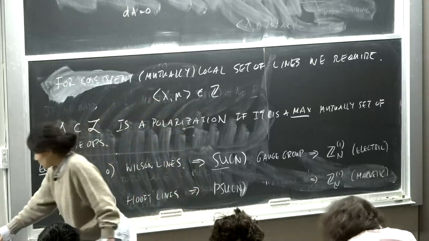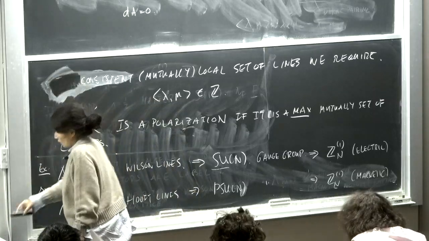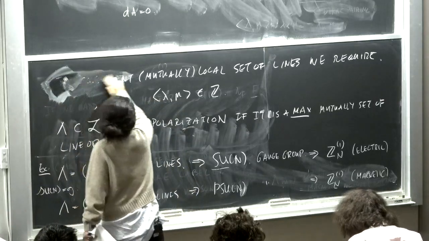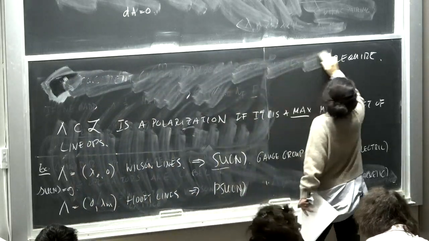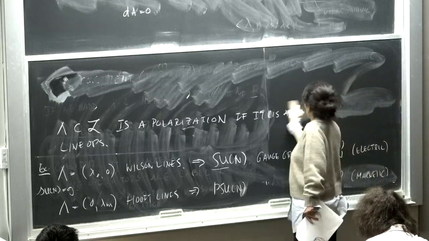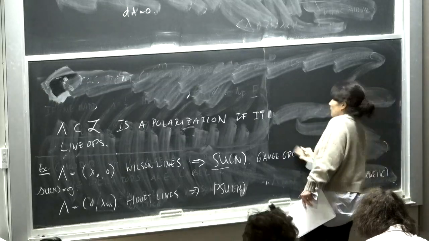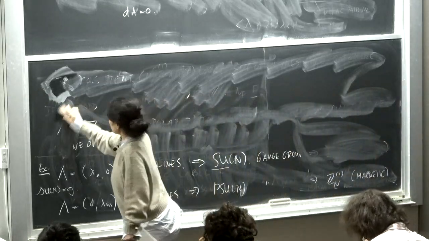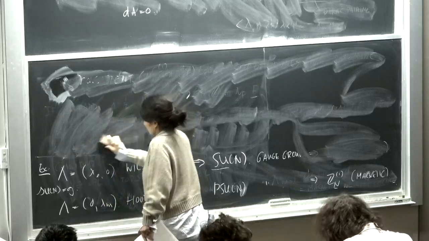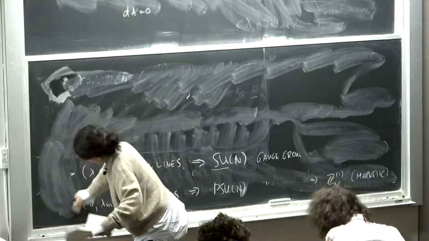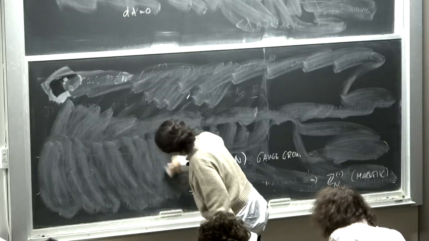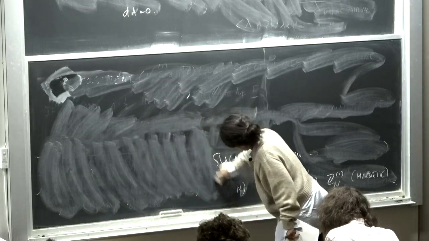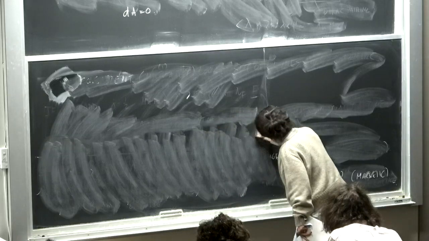In the same way, higher form symmetries we can couple to background fields by associating an element in Gp to a cycle which is p plus one dimensional.